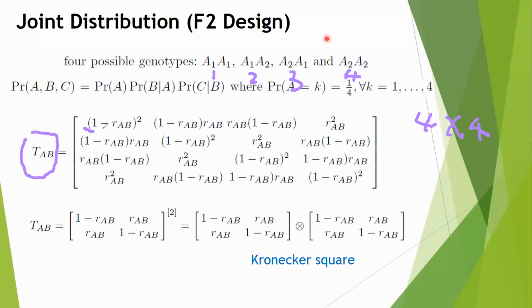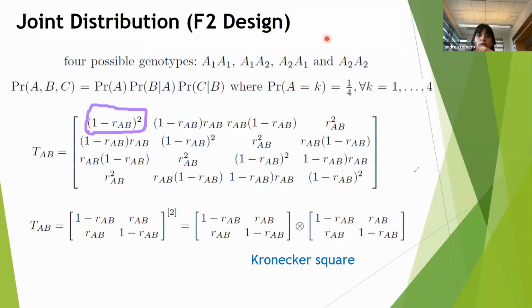And each element represents the probability of the transition between these 4 states. Does that make sense? Any questions here? So what does this probability refer to? Can anyone tell me?